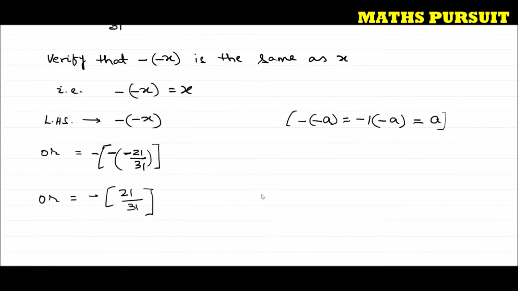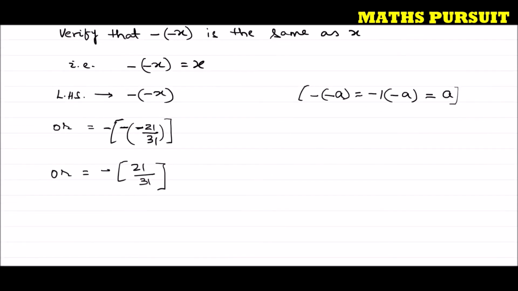As I told you earlier, minus into minus 1 became plus. So we got minus 21 upon 31, which I can write straight away without the bracket as minus 21 upon 31. Therefore the left hand side of the equation is minus 21 upon 31.